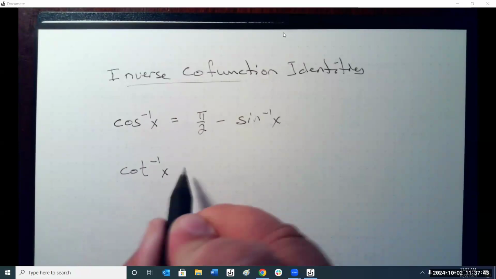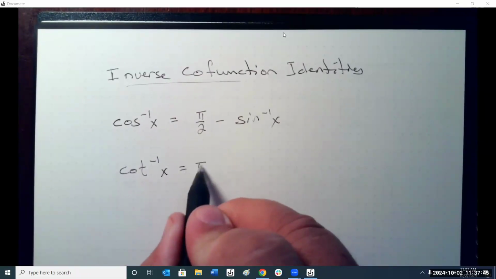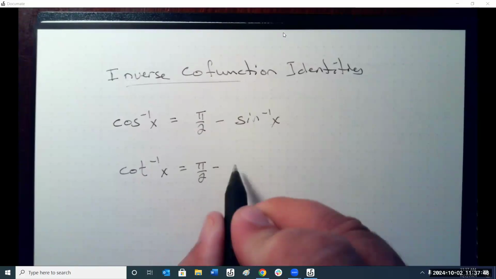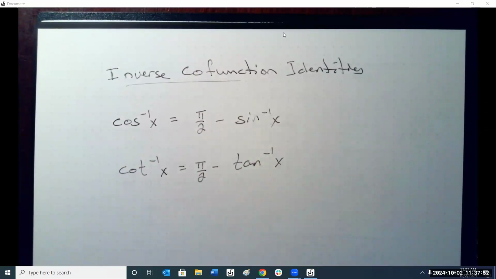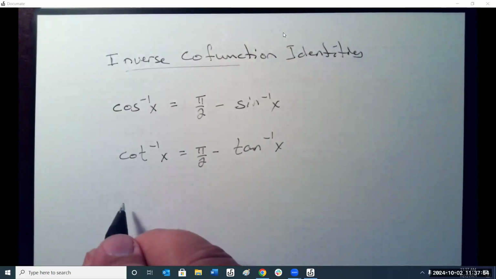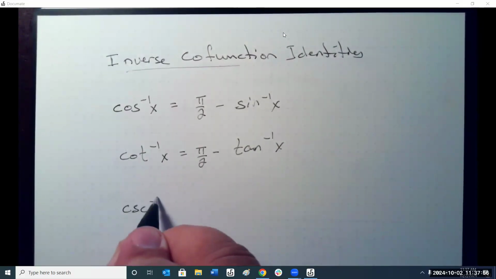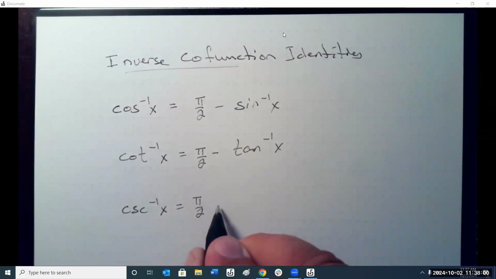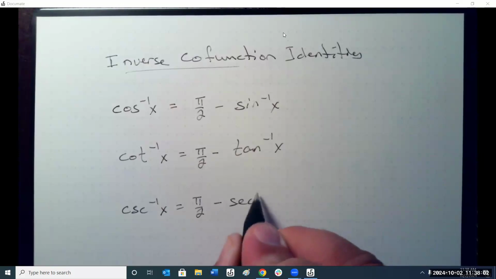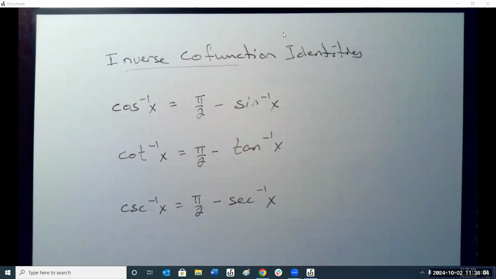The inverse of cotangent is pi over 2 minus the inverse of tangent of x. And the inverse of cosecant of x is pi over 2 minus inverse secant x.